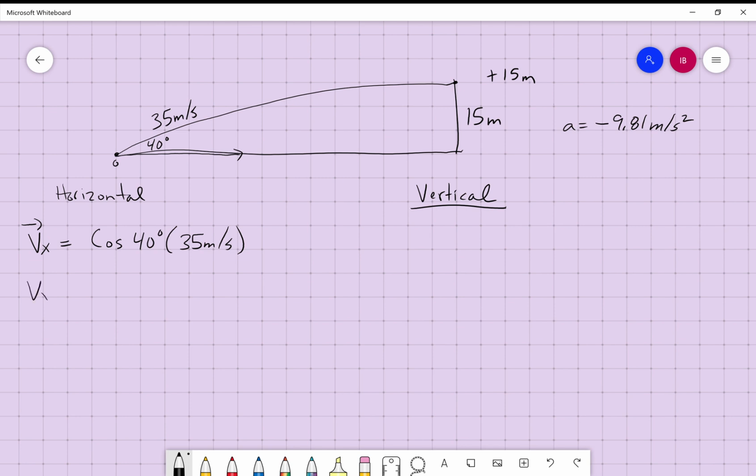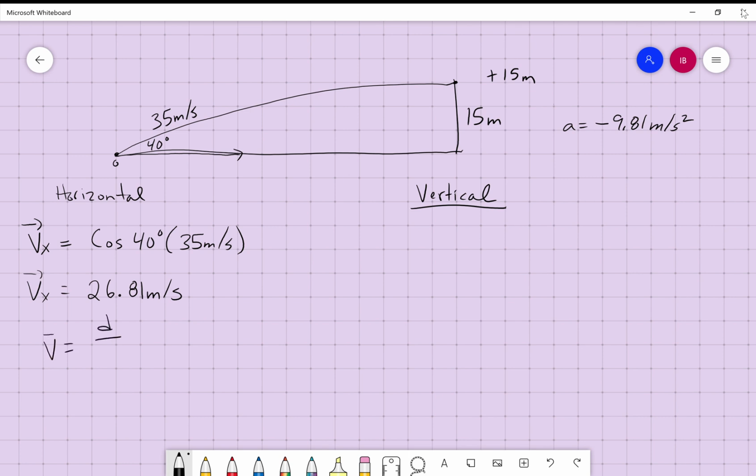If we punch that into our calculator, it gives us a total of 26.81 meters per second.